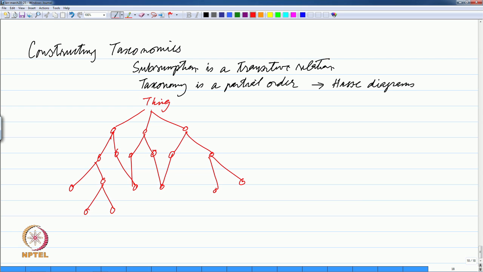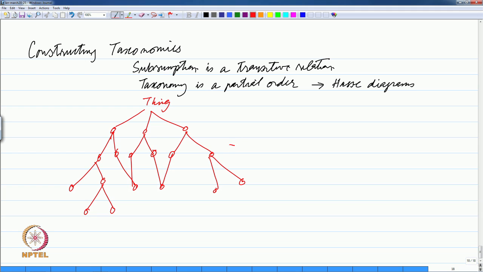When we draw the Hasse diagram for the taxonomy, we are not drawing implicit edges. So, these edges are explicit, but there may be implicit edges. For example, just to illustrate, these are implicit.